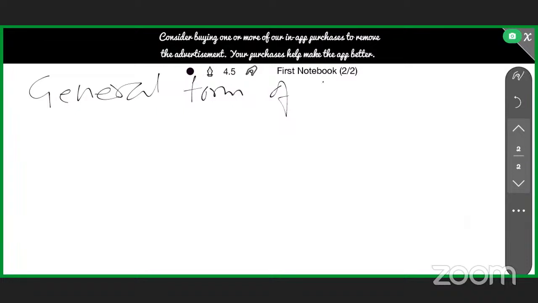General form of line equation. Already we discussed this in our previous class, but still we'll go through.